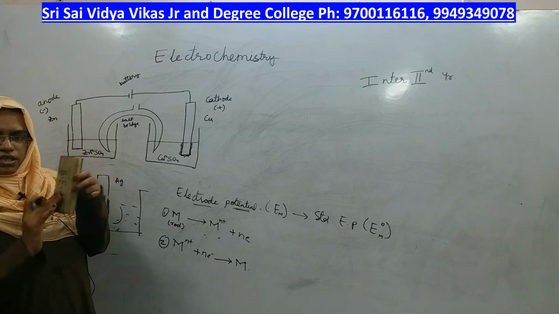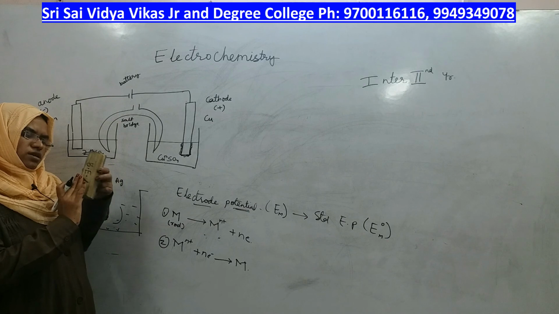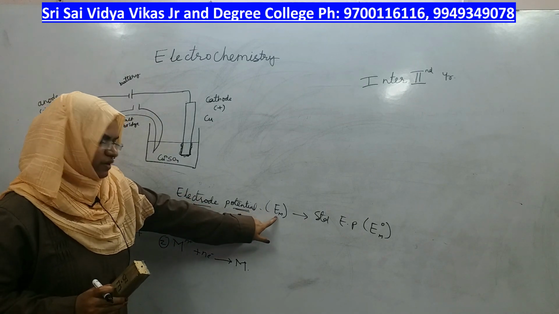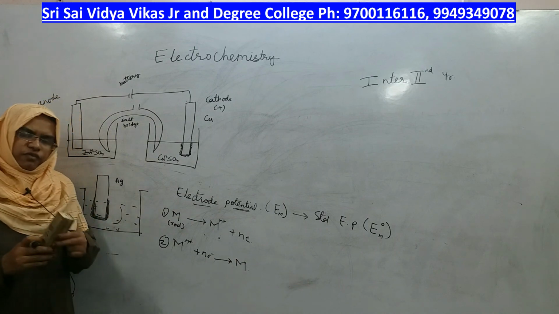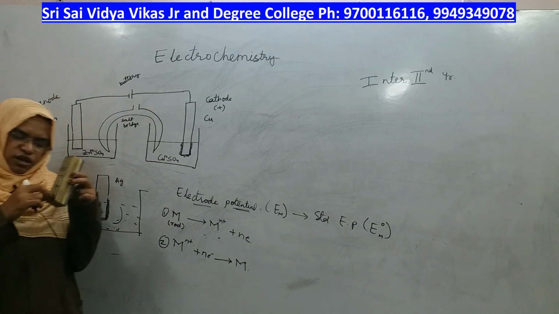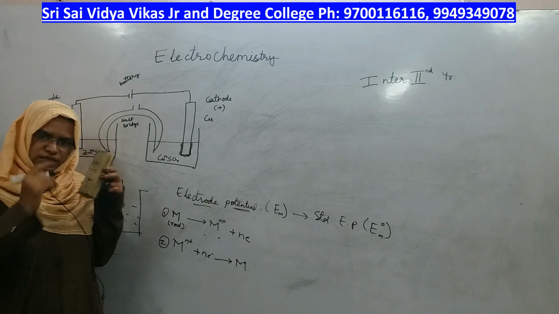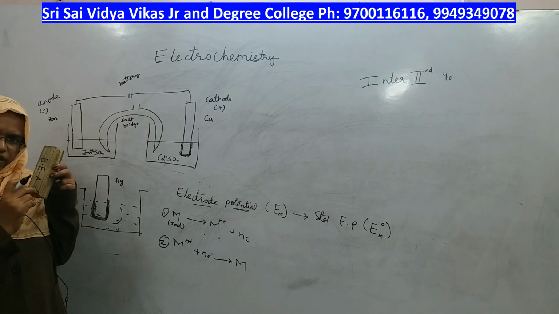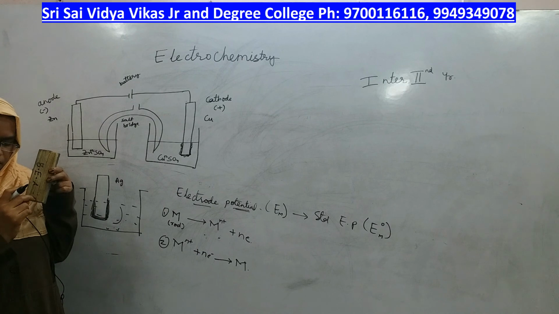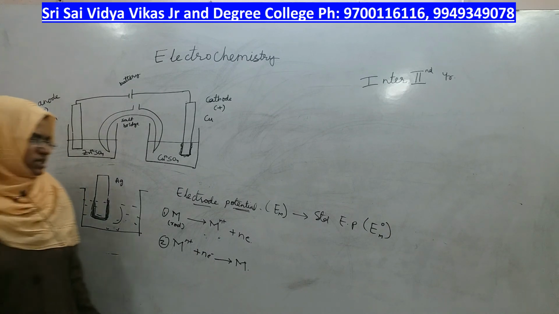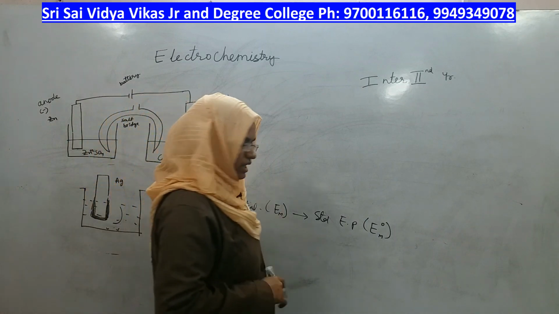The surface comes in contact, therefore all the atoms present at the surface come under this value. But if I am taking the potential of only one zinc atom, what is the potential of only one zinc atom present here? What is the capacity of only one zinc atom or only one metal atom?